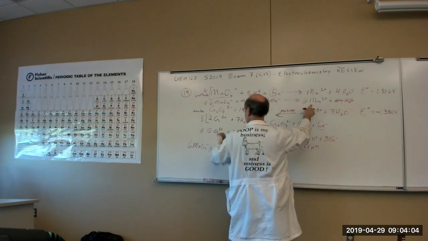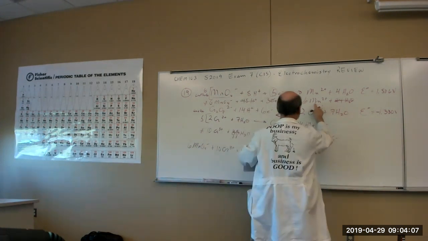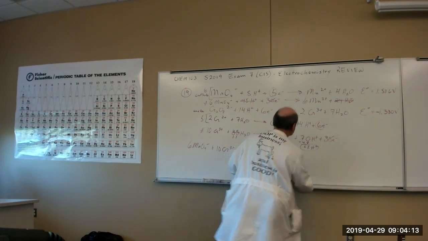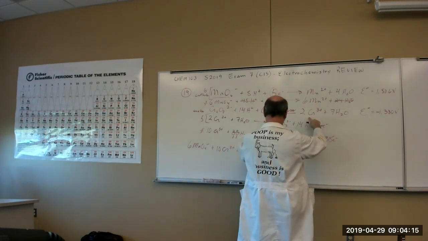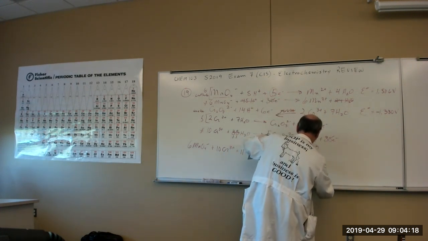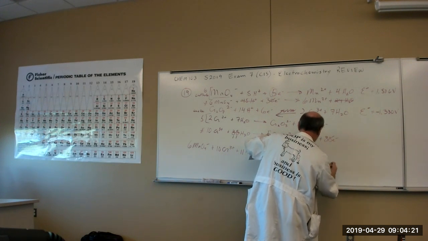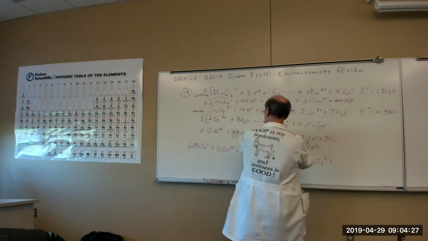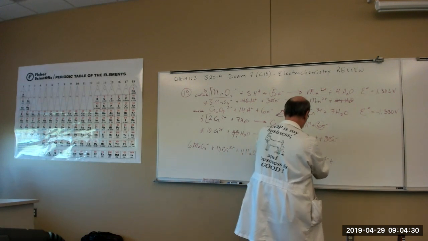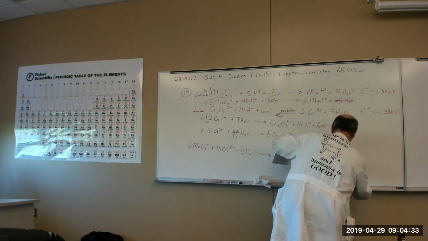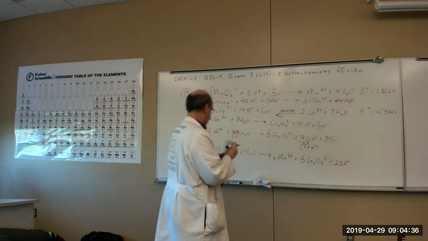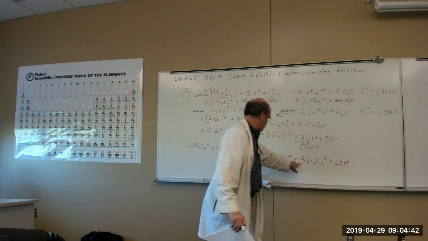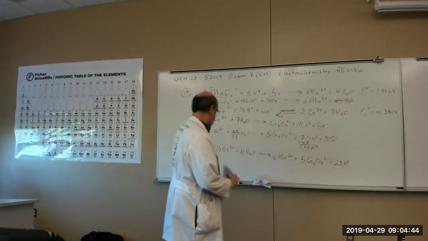Now on this side, we have 6 manganese 2 plus, 5 dichromate, and what else do we have? Nothing up here. And down here we have 22 hydrogens. There we go. So let's see, can we reduce it any further? Now, there's an 11 here, there's a 5 there. These are even, those are odds. We can't reduce that any further.